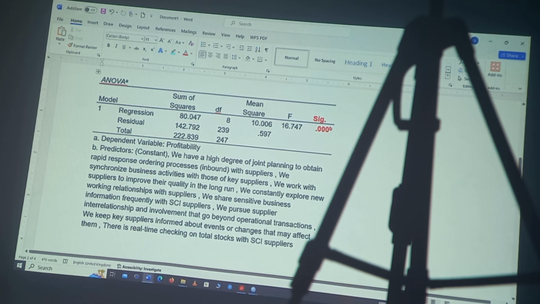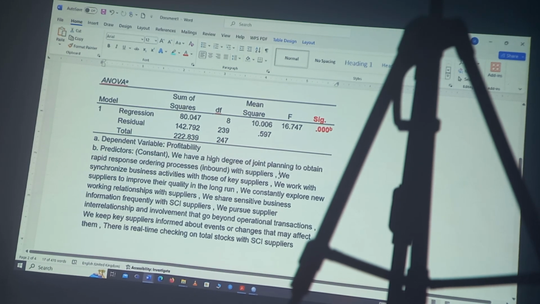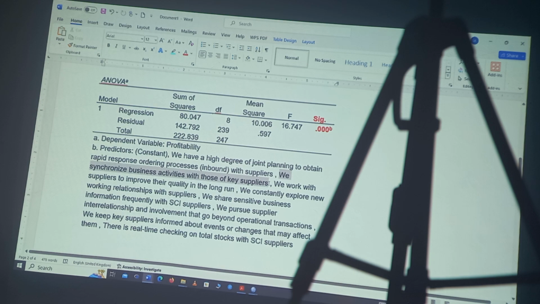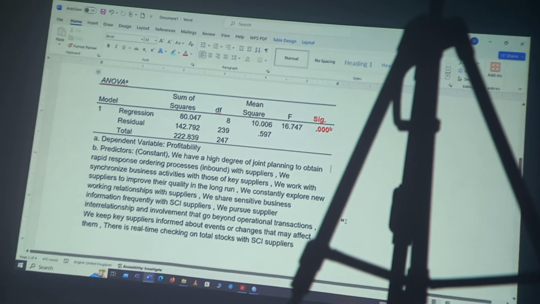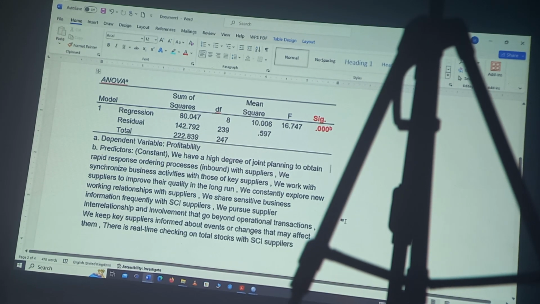So what factors are predicting? These are the factors. High degree of joint planning. Then rapid response modeling processes. We synchronize business activities with those of key suppliers. We work with suppliers to improve their quality in the long run. We constantly explore new working relationships with suppliers.